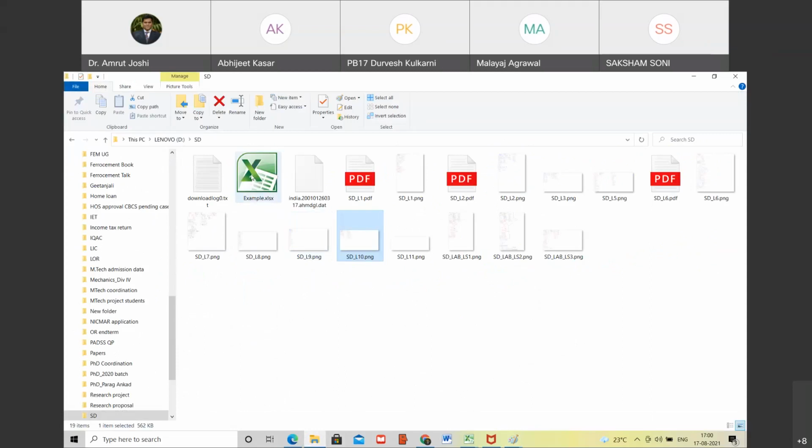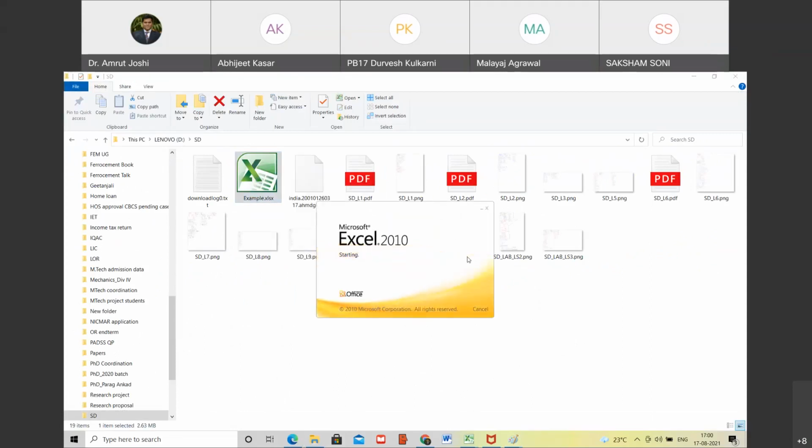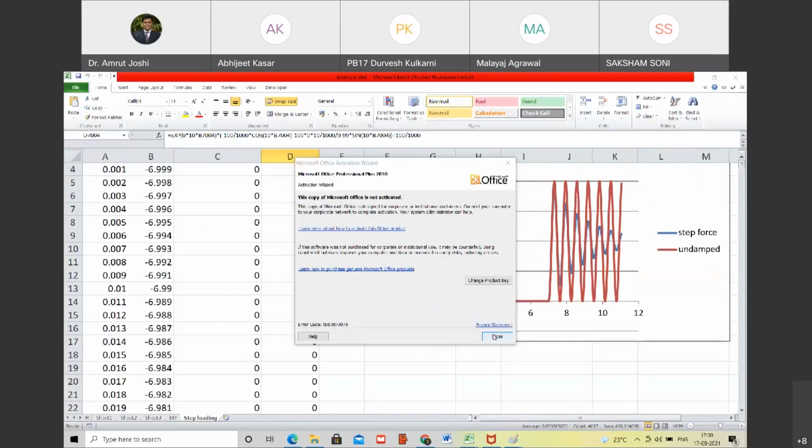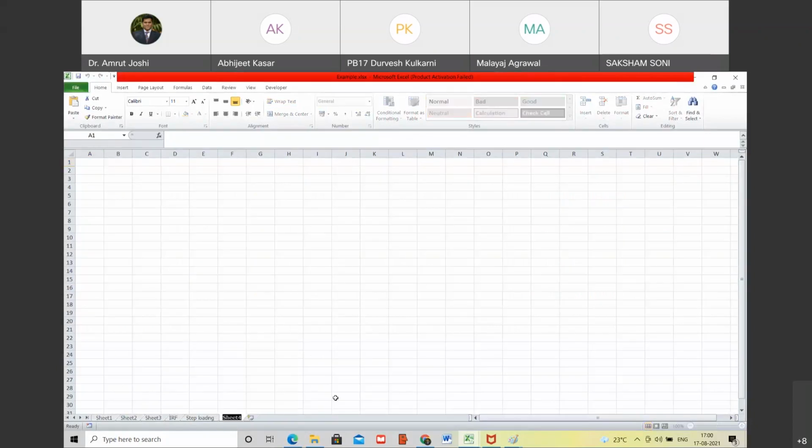And now we are going to take the same Excel sheet where we are going to plot these results. I hope my Excel sheet is visible to you. Please type your response in the chat box if you are able to see the Excel. Yes. So I will call it step and drop load.